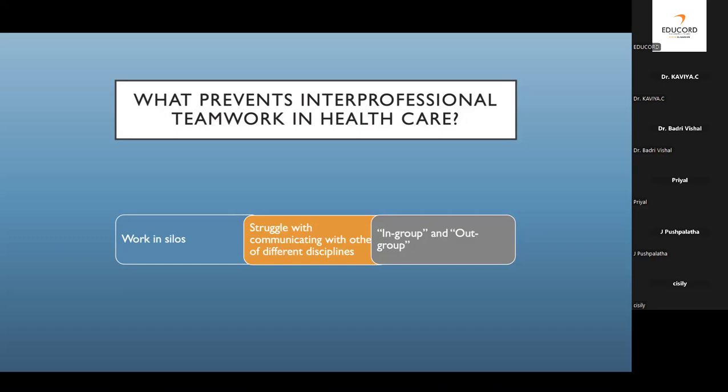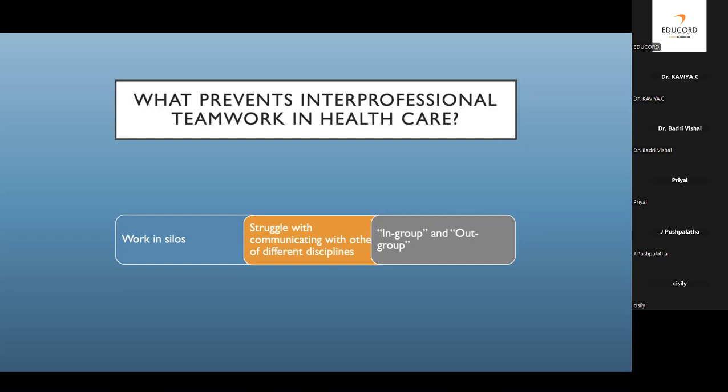Because of all these things, this profession is higher, this profession is lower, and all these rifts are creating a divide. And because of this, a struggle with communication is also happening. Also, I would say this is happening because of the quality of education that people are getting nowadays.